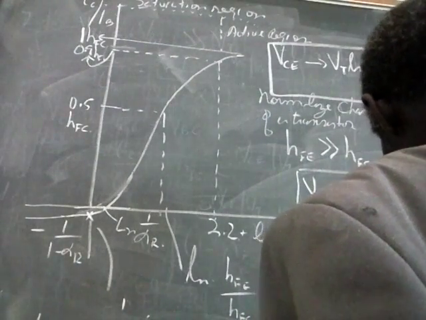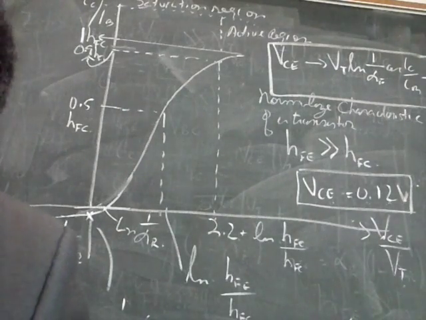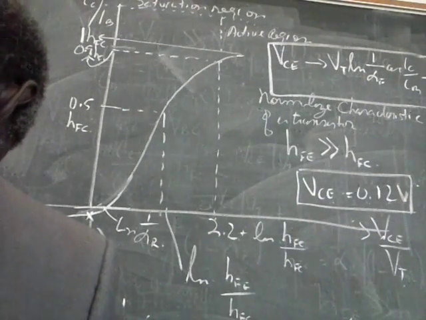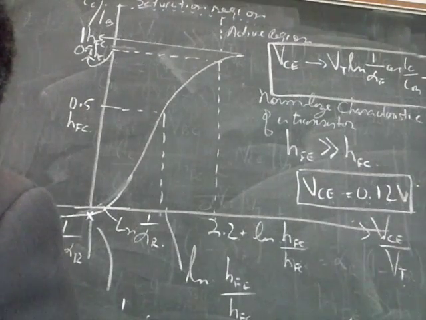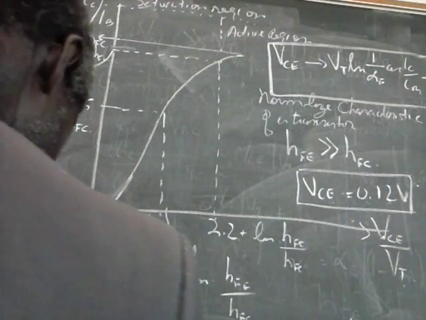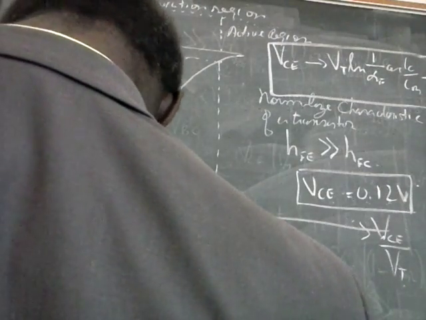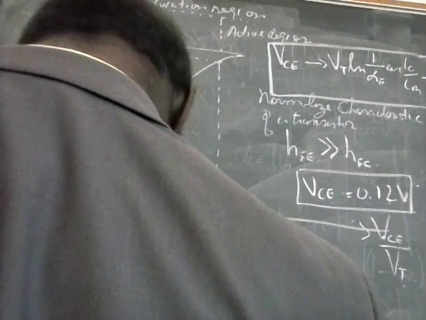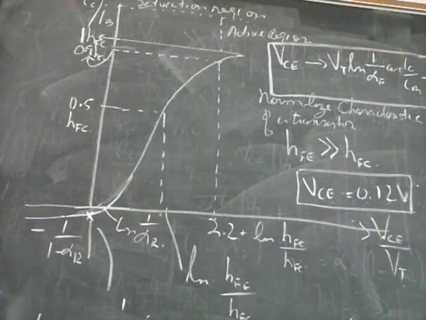And with alpha R equals 0.1, 10 times as much, VCE tends to 0.057. You can see this one is 0.057, this is 0.1.